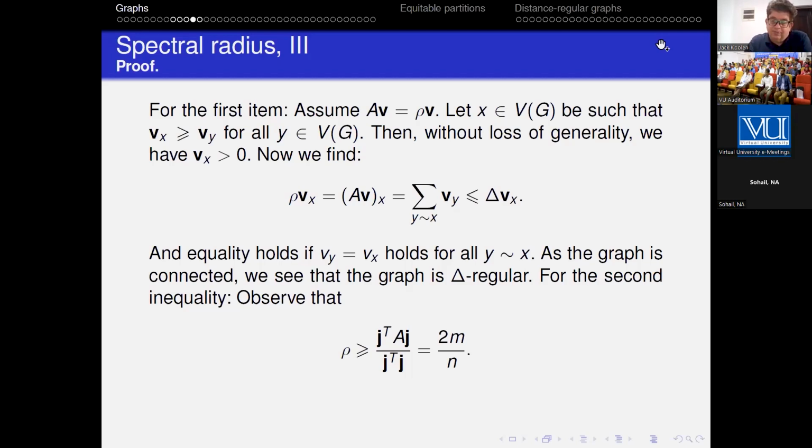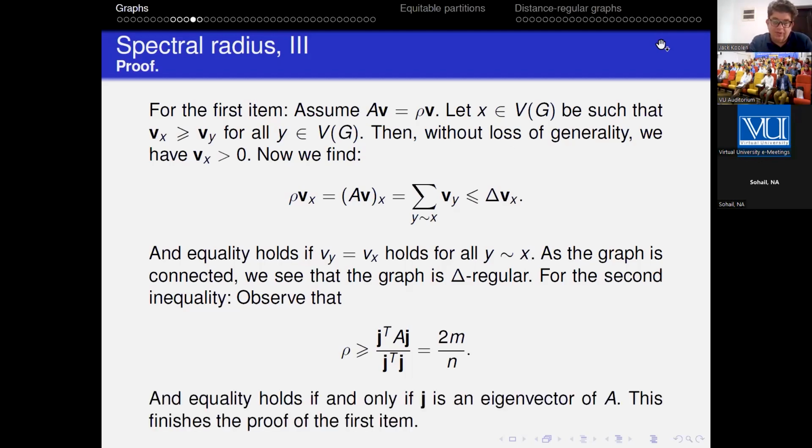And this is always true, because the largest eigenvalue is always greater or equal to v transpose A v over v transpose v for any non-zero vector. Equality holds if and only if the all-ones vector is an eigenvector of A, and this means that the graph is regular, or you can say 2m over n regular if you like that better. This shows the first item. So this is not a difficult proof.